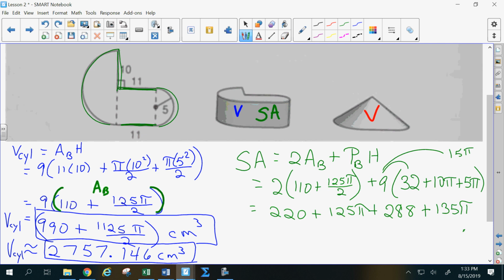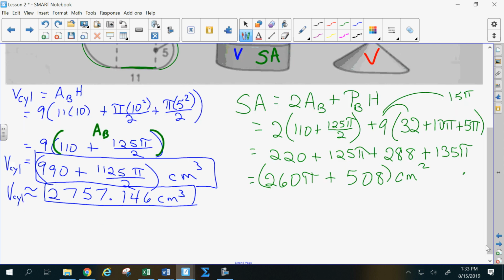Then I need to put like terms together, which means, let's see, for the pi's I have 260 pi. And the regular constants, I have 508. That's my surface area, so units are centimeters squared.